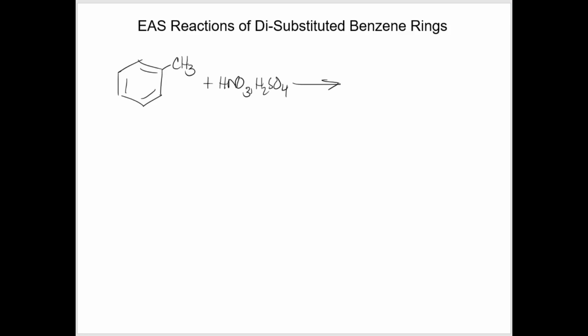The first step in answering this problem is to say, what electrophile is this reagent forming? NO2 plus. Now the question is, does that NO2 plus add ortho and para, or does it add meta?